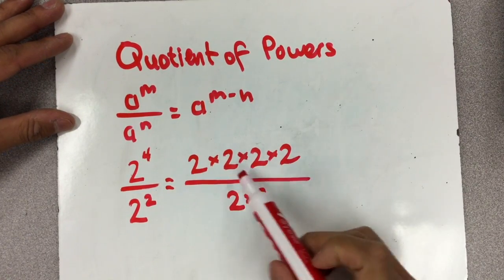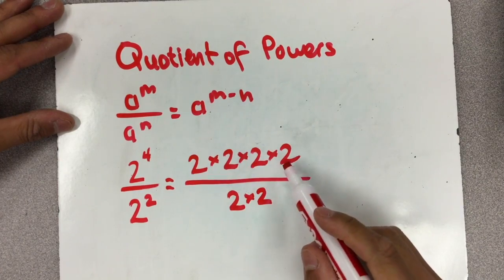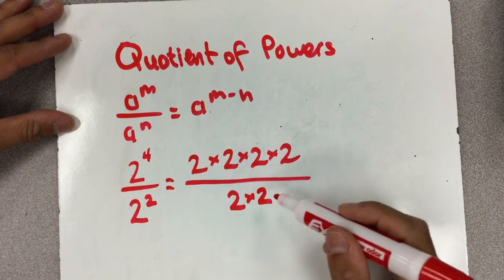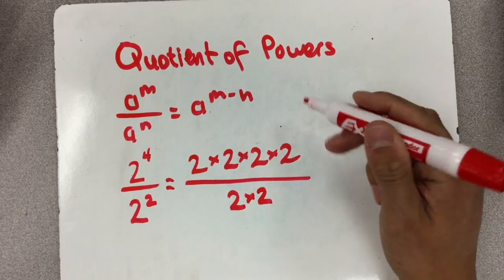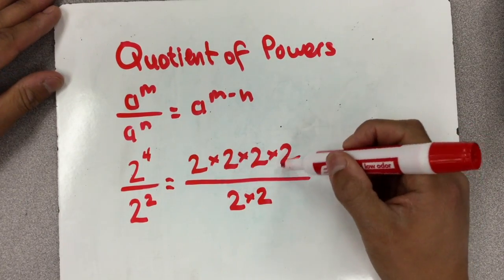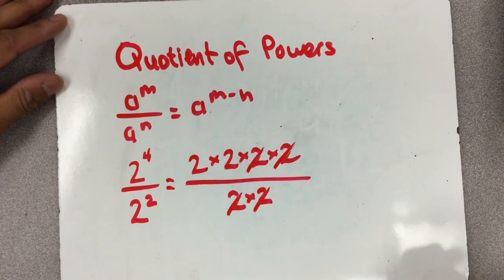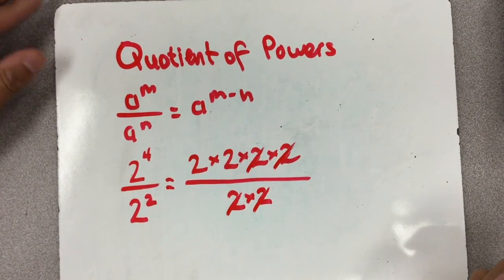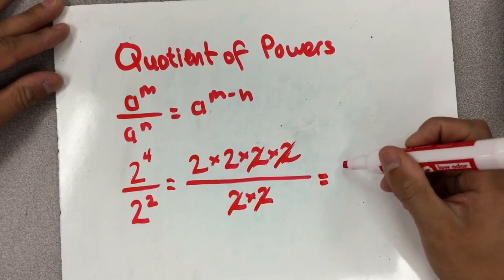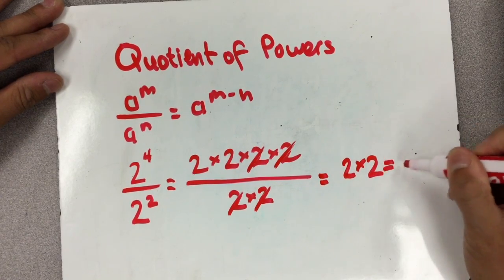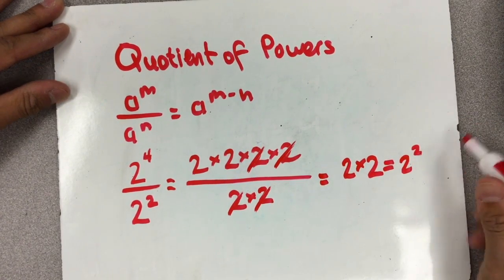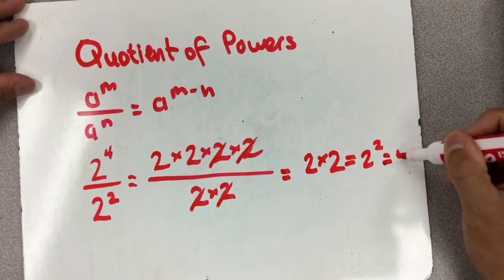Remember that whenever we're simplifying a quotient, I can cancel out like factors, or the same factor. This leaves me with 2 times 2, or 2 squared, also known as 4.